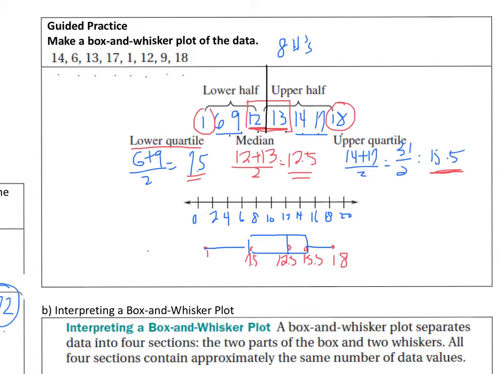Okay, and let's say if we have 10 numbers, think about how you would divide the lower half and the upper half. So if I were to use circles to represent numbers: 1, 2, 3, 4, 5, 6, 7, 8, 9, 10.